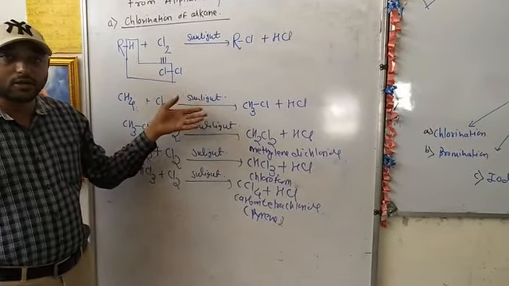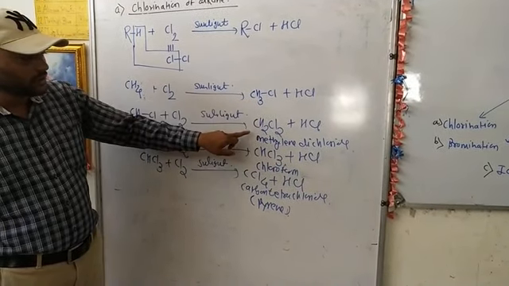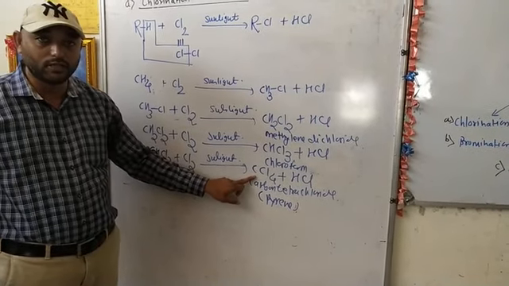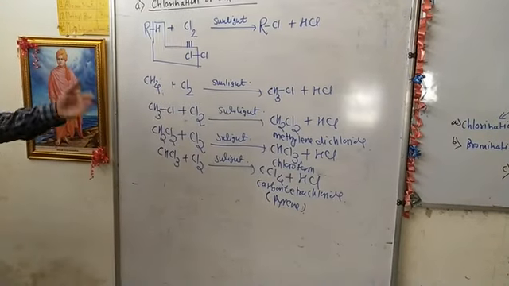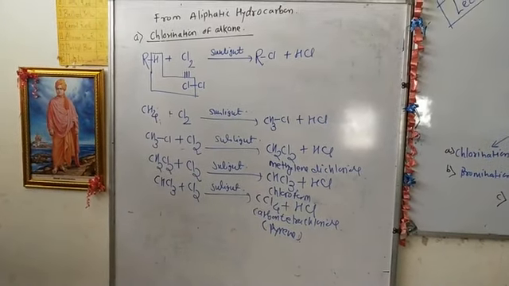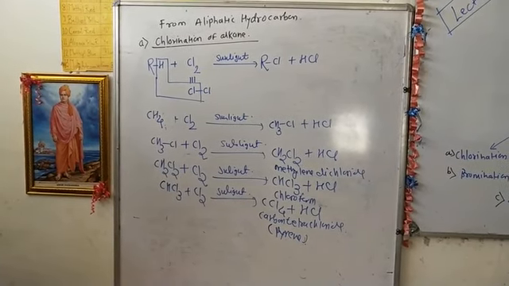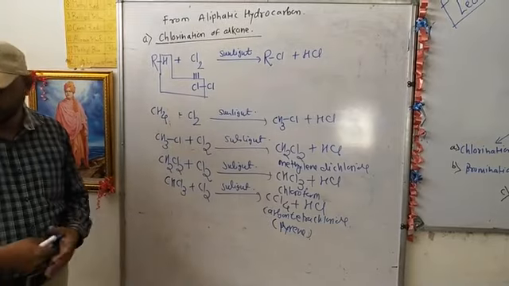Chlorination is carried out continuously, giving a mixture of monohalogen, dihalogen, trihalogen, and tetrahalogen derivatives. Means methane undergoes polyhalogenation, polychlorination, giving a mixture of mono, di, tri, and polyhalogenated products.